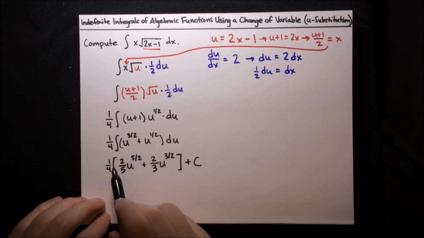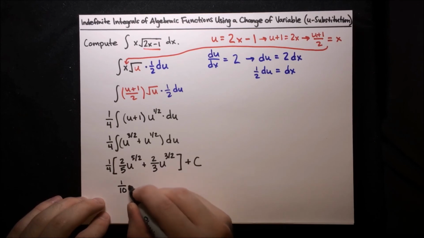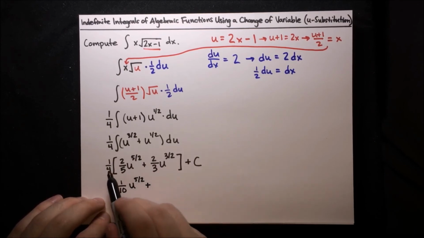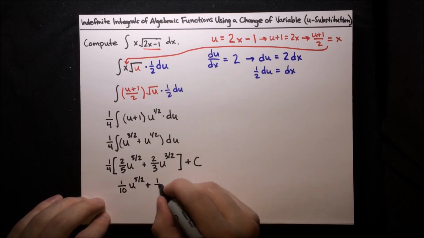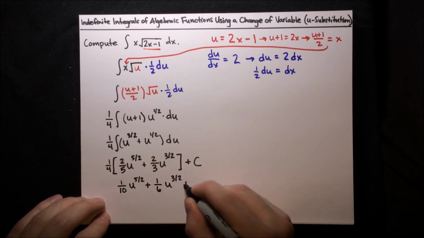Now let's go ahead and simplify this. We'll just multiply the 1/4. 1/4 times 2/5 is just 2/20, which is just 1/10, u to the 5 halves, and then 1/4 times 2/3 is 2/12, which is just 1/6. So 1/6 u to the 3 halves, then plus c.